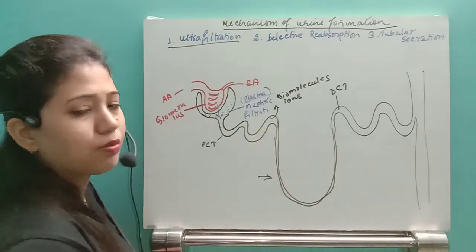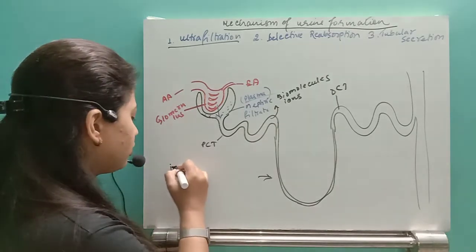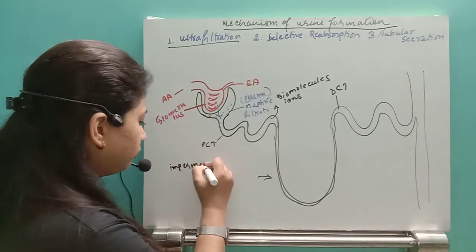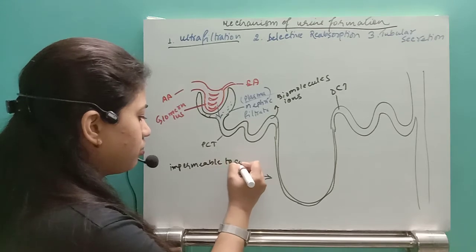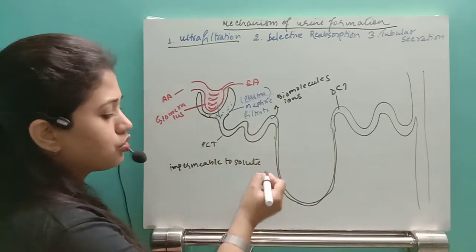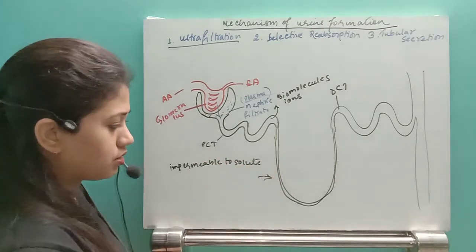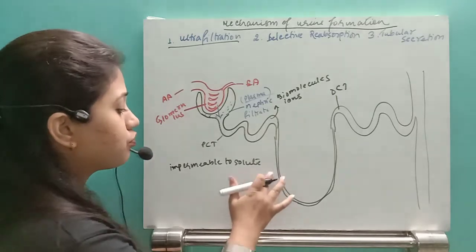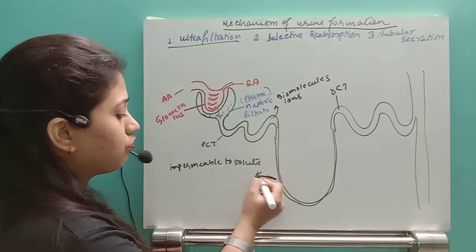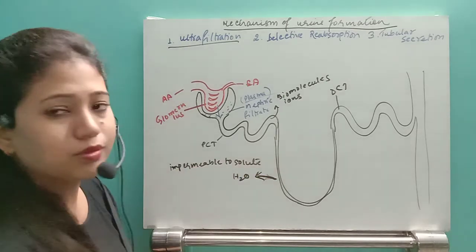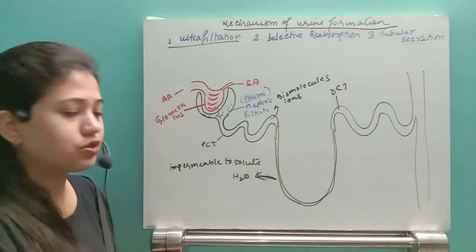Remember, this descending loop of Henle is impermeable to solute. So solute cannot enter, solute cannot exit. Rather, water is removed from here. It is permeable to water only, but impermeable to the solute.